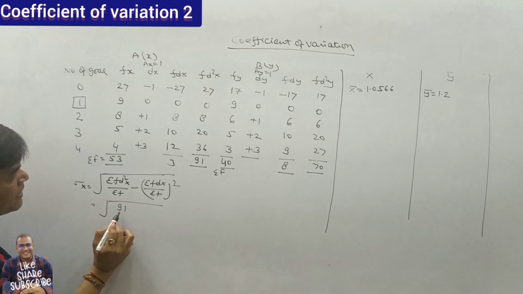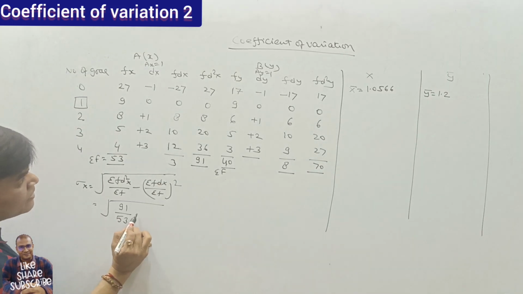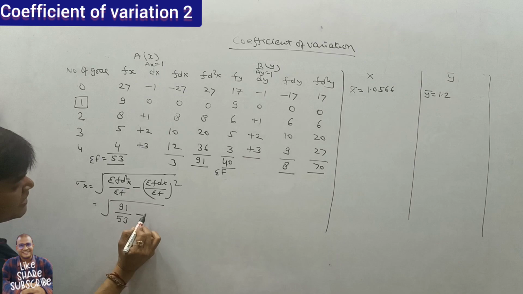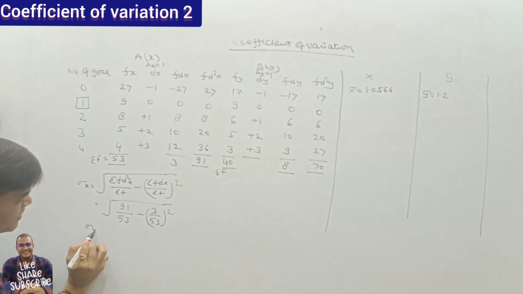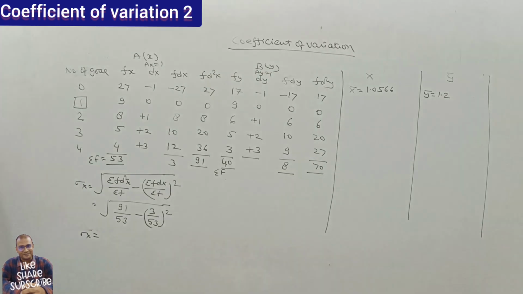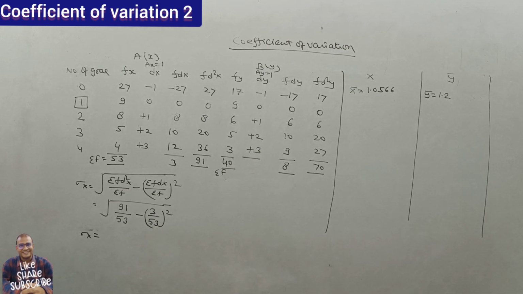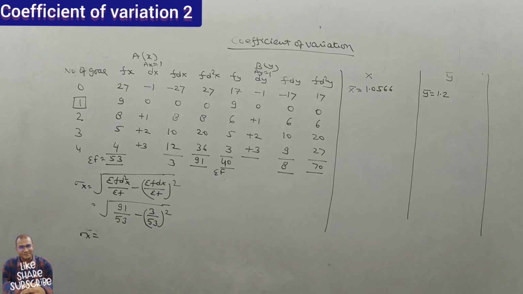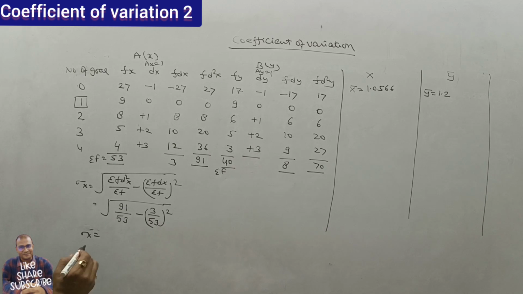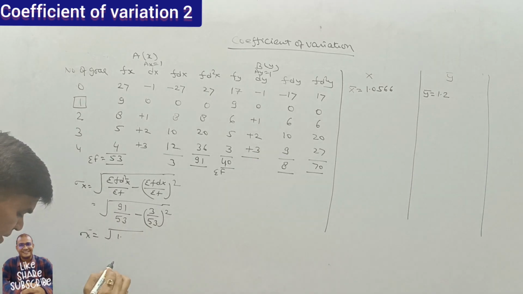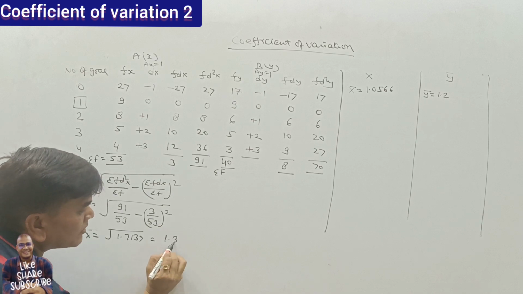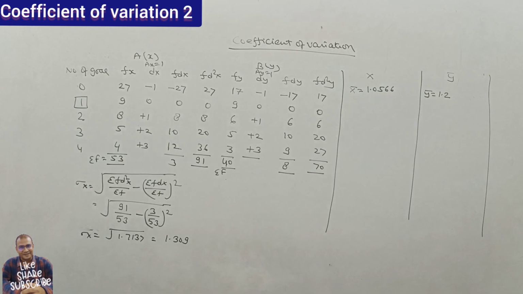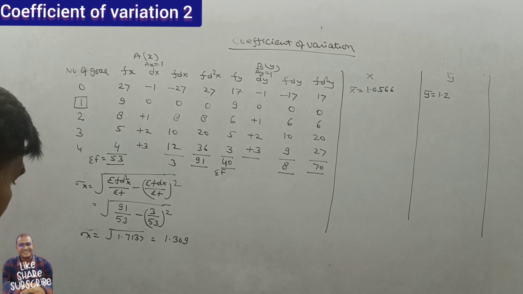So 91 upon 53 minus 3 upon 53 raised to power 2, which is 91 divided by 53 minus 1.7137, and the result of this is equal to 1.3091.